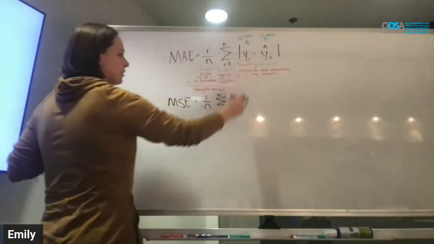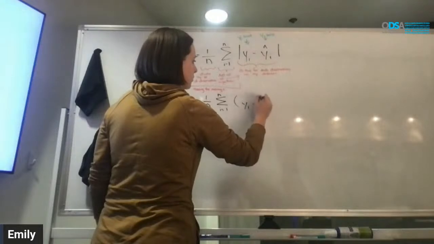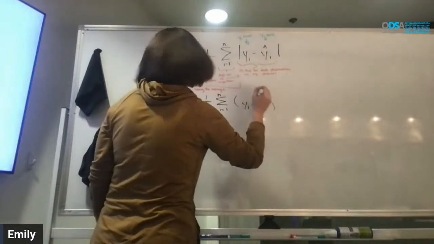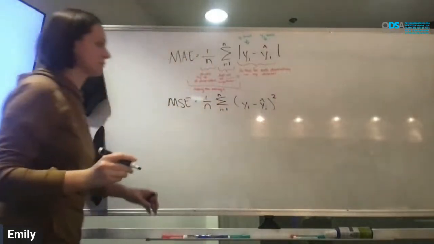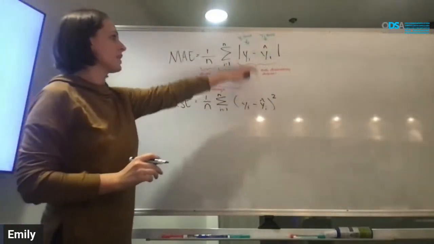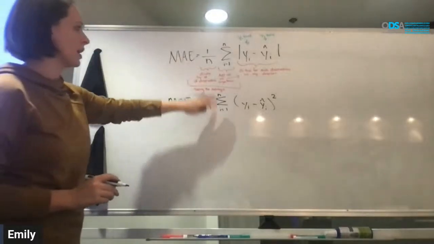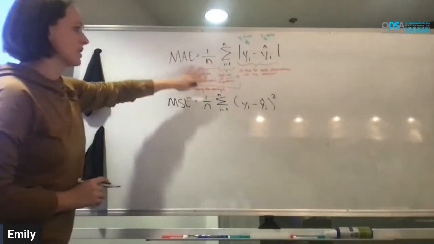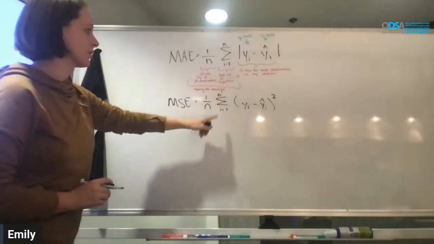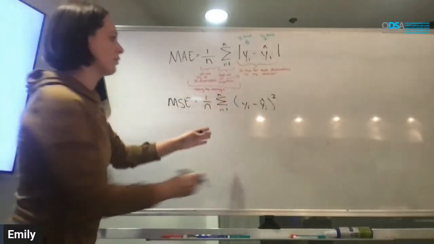So instead of absolute value, we're still y at i minus y hat at i. Making sure I'm not messing anything up. Yep, okay. Squared. So instead of taking the absolute value, we're going to square it. Same thing as we have in mean absolute error. This is just the average. So take the average, add everything up, divide by n, take the average of whatever's here.